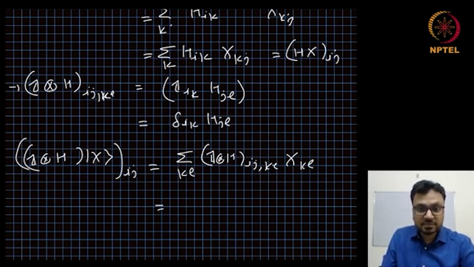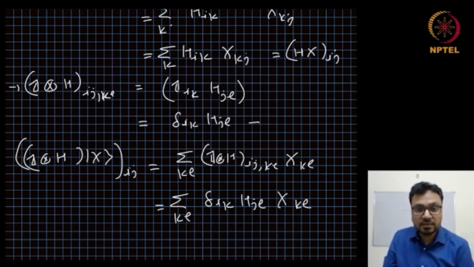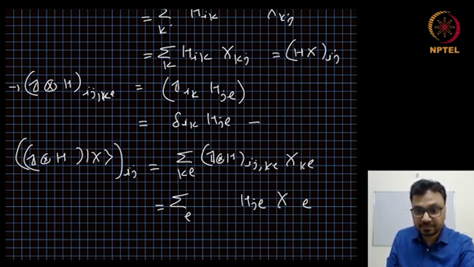So here again we substitute for identity tensor H ij kl with this expression and we get sum over kl delta ik H jl X kl. Now we can sum over k and replace all the k's with i's. We remove k from here, delta we remove from here, and k becomes i.